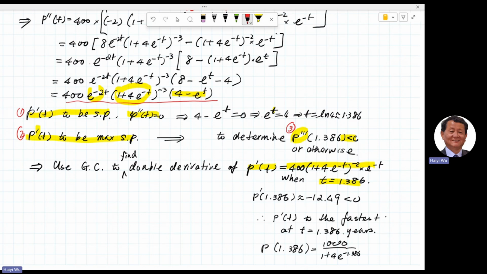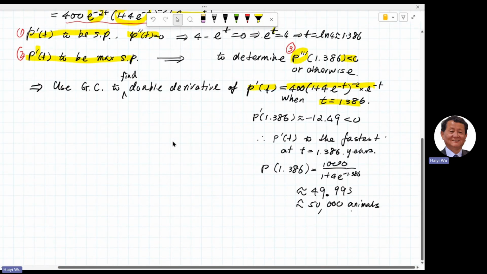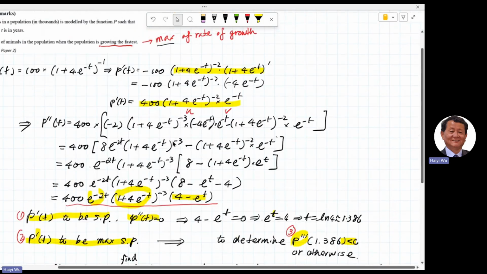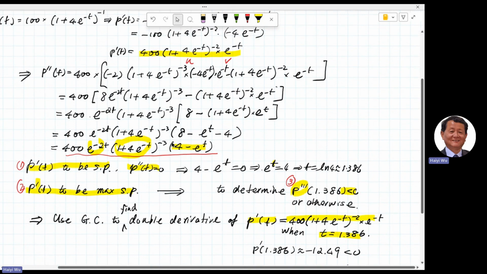I hope you understand it. The QCAA solution doesn't actually show you this algebraically; it uses a graphical solution. So I prefer this, using algebra. That's a good example to show you how to use the calculator to do double derivatives.